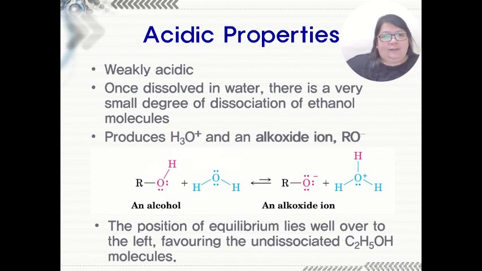Now if we look at the acidic properties of alcohol, it is a weak acid. So once it is dissolved in water, it partially dissociates in the aqueous solution to give us an alkoxide ion. You see, the alcohol donated a proton as an acid, so we get an alkoxide ion and also a H plus ion.